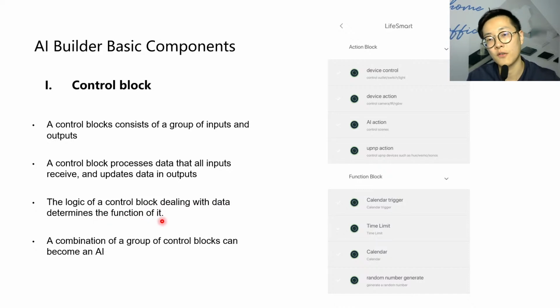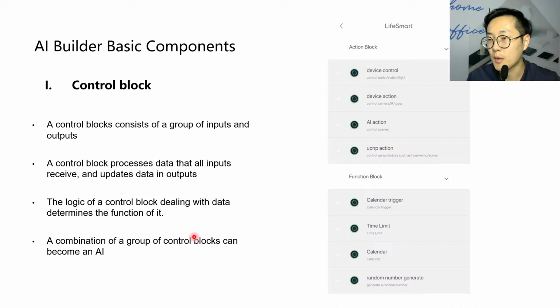So the logic of each block means the function of the block. And a combination of a group of control blocks can become an AI. So putting it in a very simple way, the control block is the component that processes the data in the AI Builder automation.